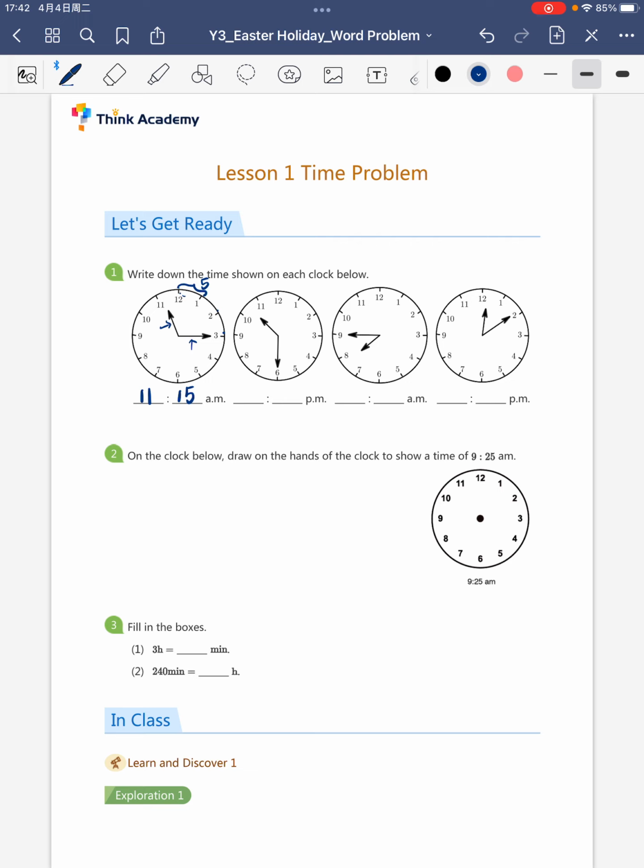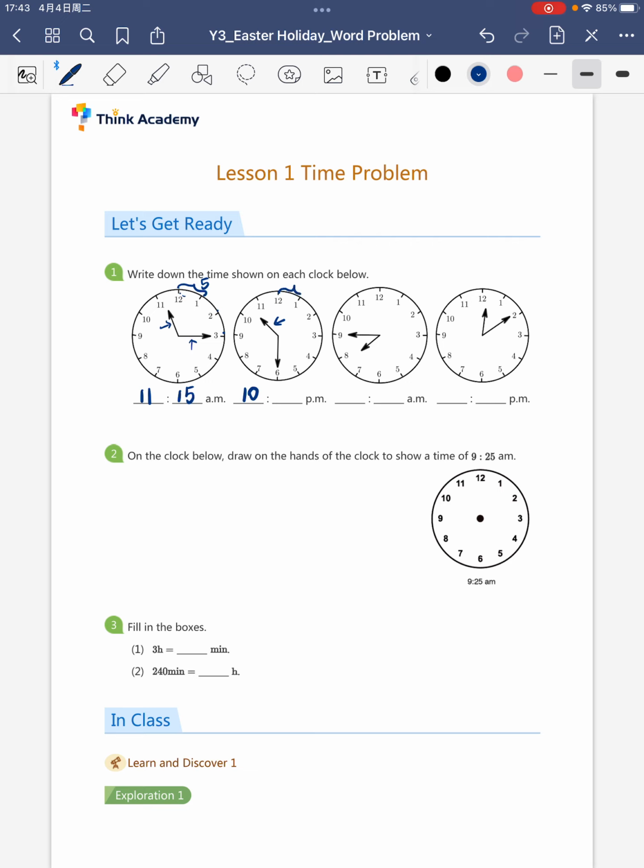And let's use the same method to solve the second one. So there is a shorter hand. This one is the hour hand. And for the hour hand, it's between 10 and 11. So for the hour, we will read it as 10. And for the minute, for now it points to 6.